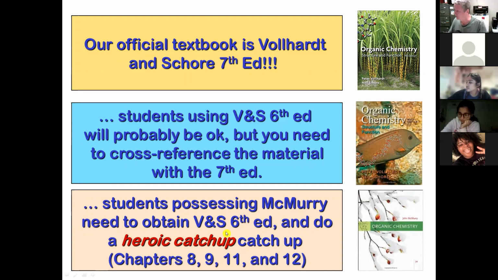But the big problem with other textbooks, especially if you're a transfer student, is if there are certain chapters you never got because there's a different arrangement, it's going to hurt you. Chapters 8, 9, 11, and 12 from Wohlhart and Shore are really important. If you never got them, you need to learn these chapters very quickly.